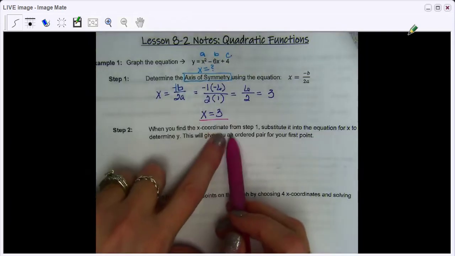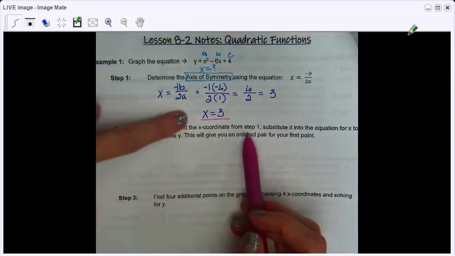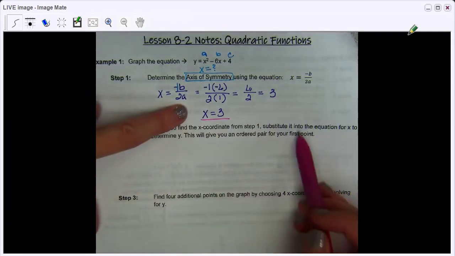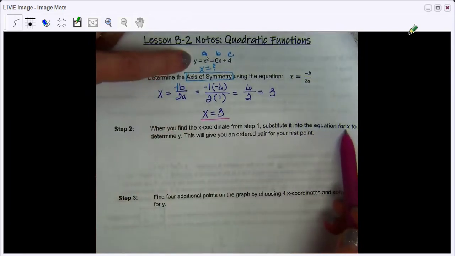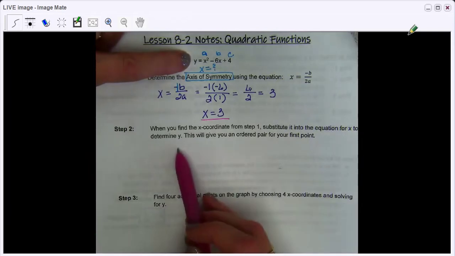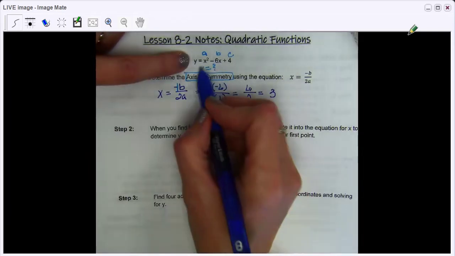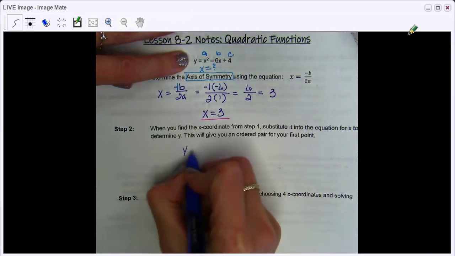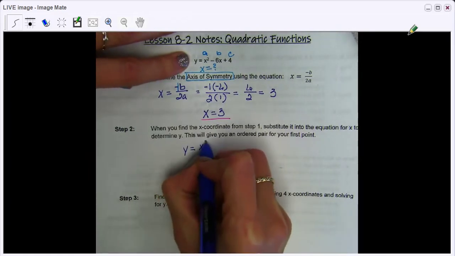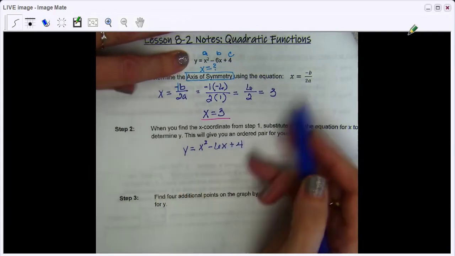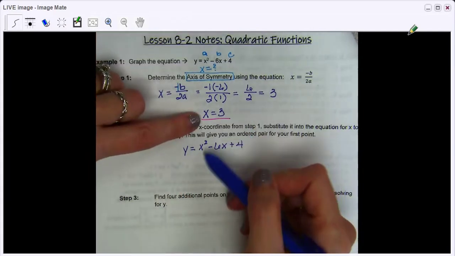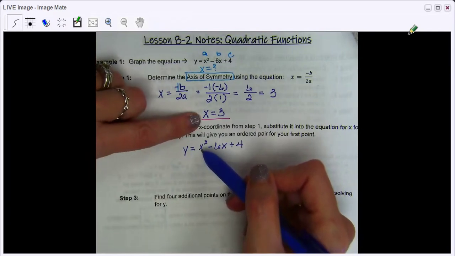When you find the x-coordinate from step 1 here, you're going to substitute it into the equation for x. So here's our equation up here to determine the y. I'm going to take this equation, y equals x squared minus 6x plus 4. I'm going to plug the 3 into the equation wherever my x is.